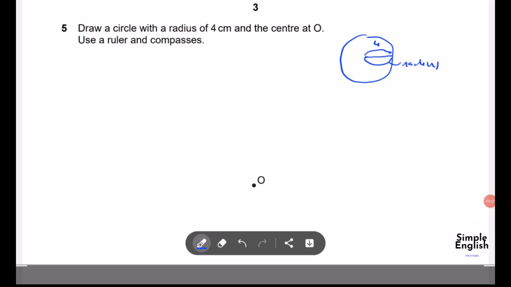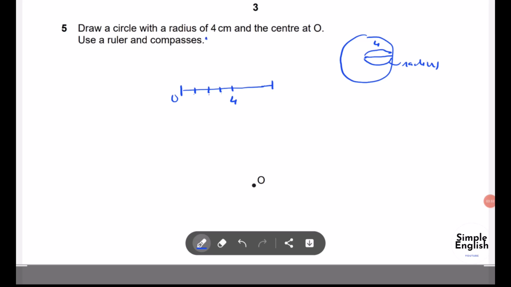The first thing we need to do is use your compass to measure. Use a ruler. Imagine this is a ruler, right? 1, 2, 3, 4 centimeters.